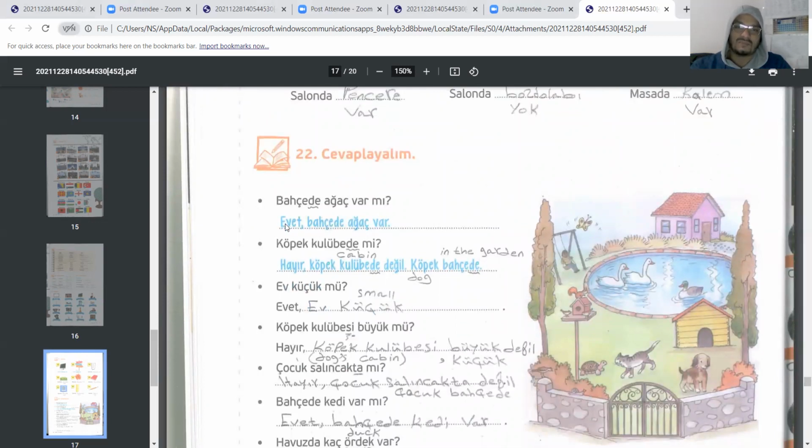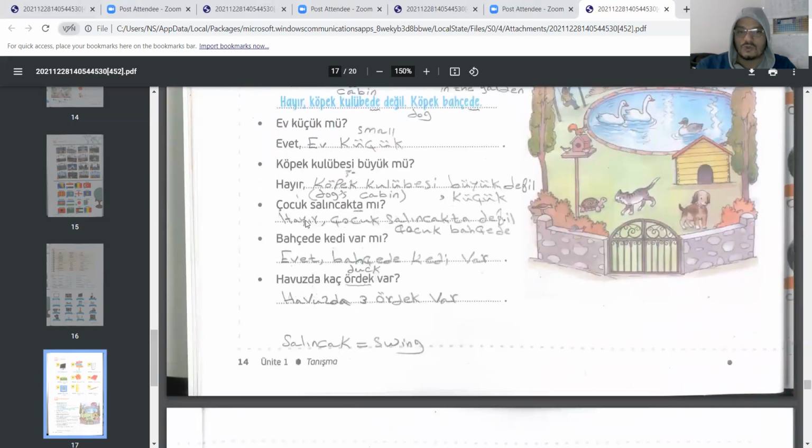Bahçede ağaç var mı? Evet, bahçede ağaç var. Köpek kulübede mi? Hayır, köpek kulübede değil. Köpek bahçede. We're talking about this picture. Ev küçük mü? Evet, ev küçük. That means small. Köpek kulübesi büyük mü? Hayır, köpek kulübesi büyük değil. Çocuk salıncakta mı?